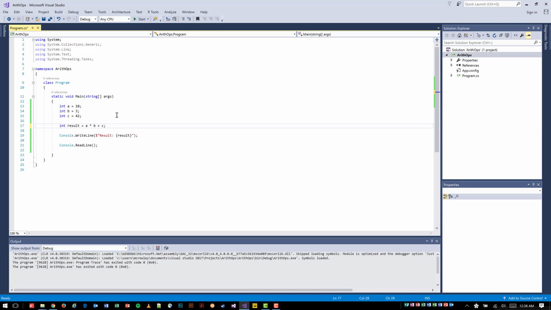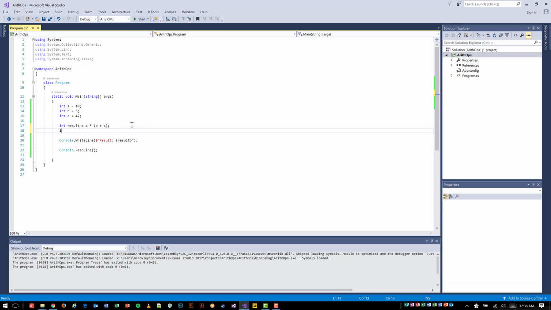Now this is precedence within a single statement. However, if you wanted b and c to be added together first, instead of a times b multiplied first, you can use parentheses. So here, if we put parentheses around b and c, b plus c would be evaluated first and then multiplied by a.